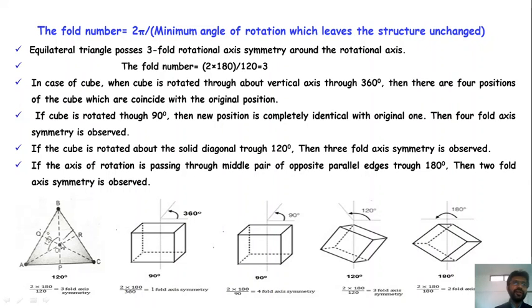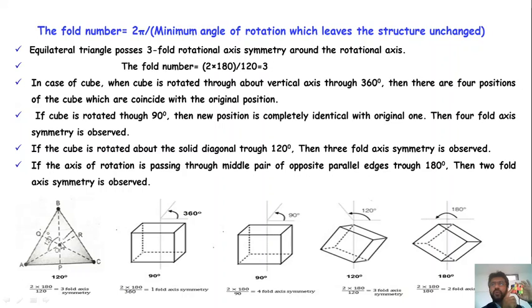In case of the cube, when the cube is rotated about the vertical axis through 360 degrees, there are 4 positions of the cube which coincide with the original position. Now see here, this is the cube. So we can rotate this cube through 360 degrees.